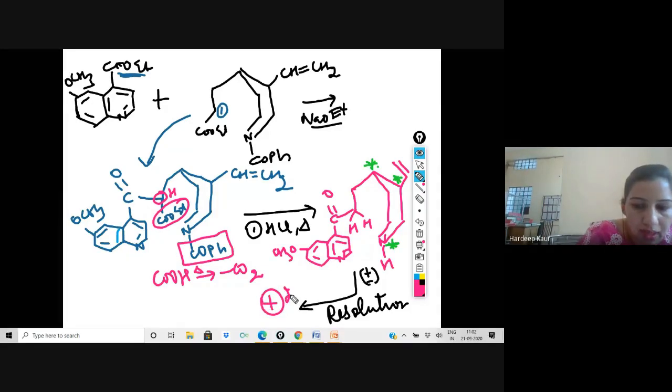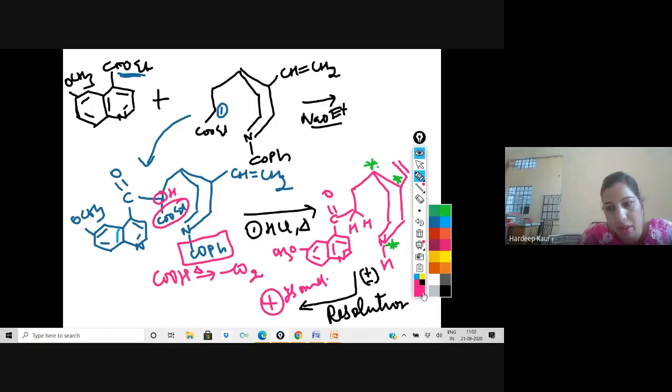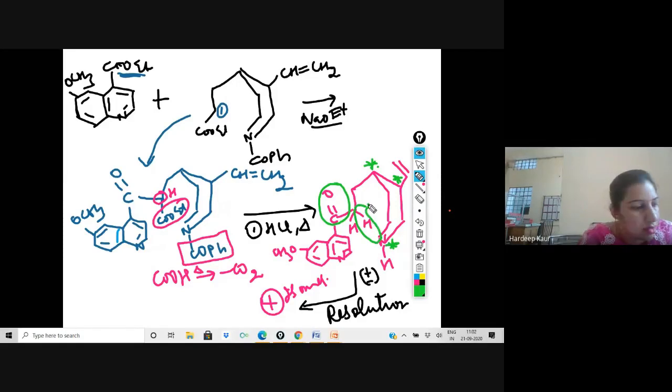Now what we need to get the quinine as a product, we have to reduce this carbonyl carbon and we have to join this. Okay, so these two things are required. For doing this, we now take the plus isomer.